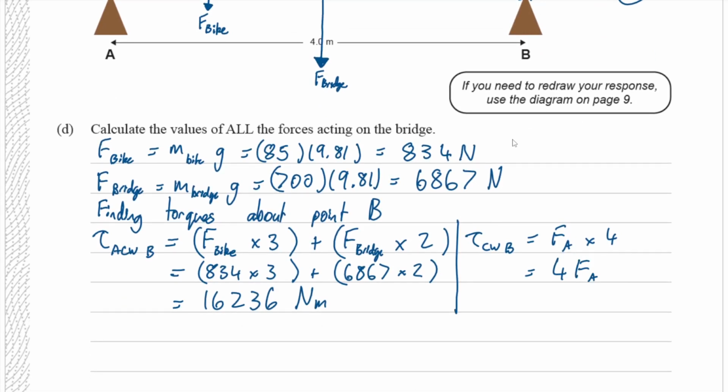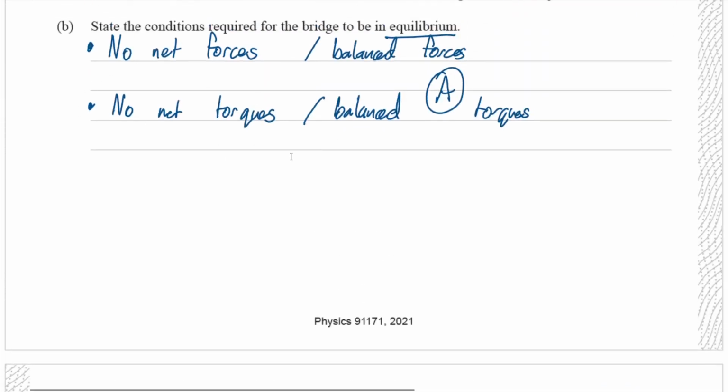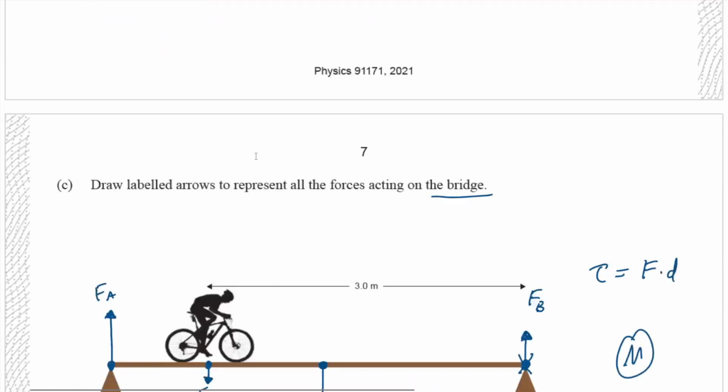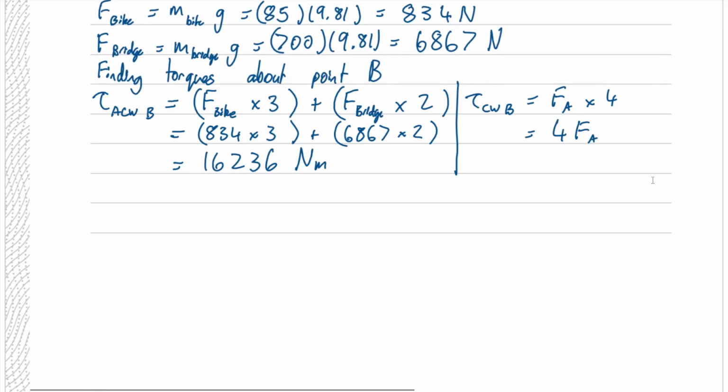Cool. Now we can use the second equilibrium condition, which says that the clockwise torque must equal the anti-clockwise torque. So we can equate those two highlighted portions.